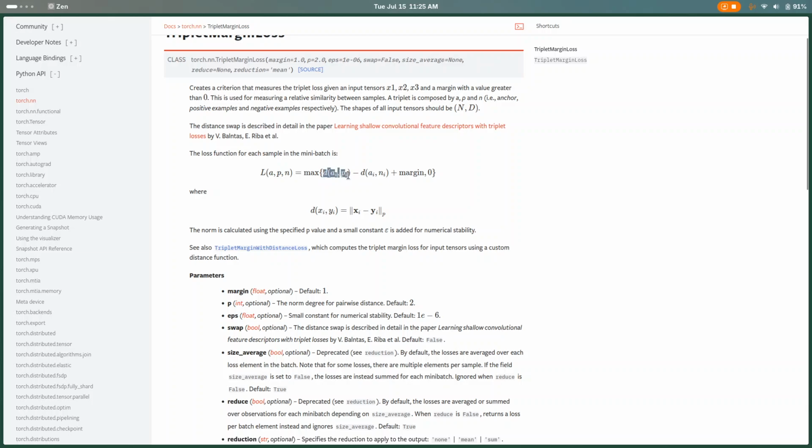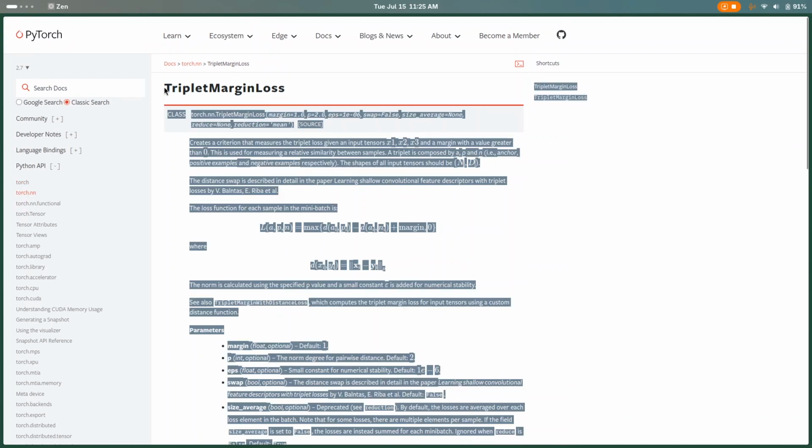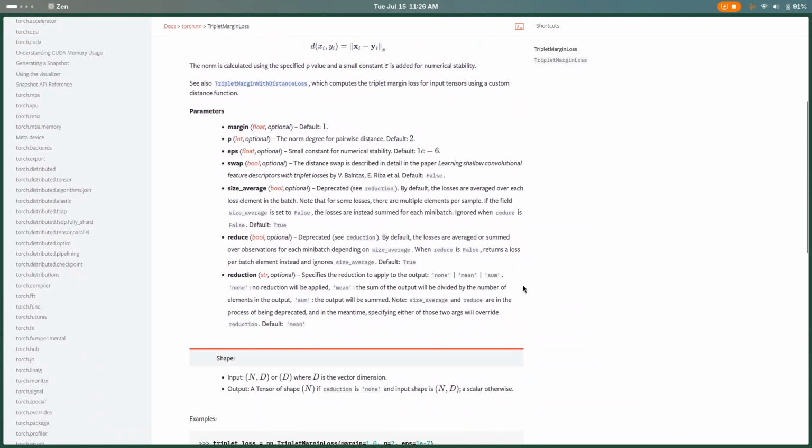And it's just the positive distance minus the negative distance plus some margin, and then the maximum between that and 0. So if it becomes negative, we just max it out at 0, at least for this function specifically. Any questions about this?